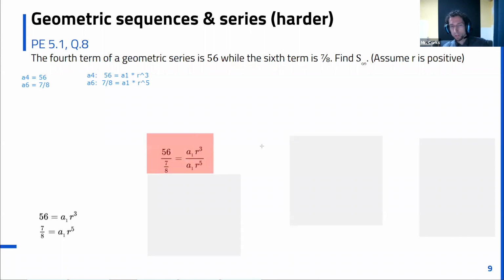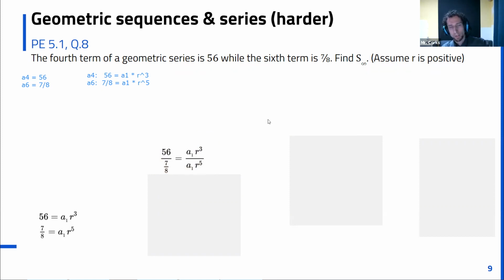So we're just taking the two equations and dividing. Divide the left side by the other left side and the right side by the other right side. This is still a valid mathematical thing that we can do.